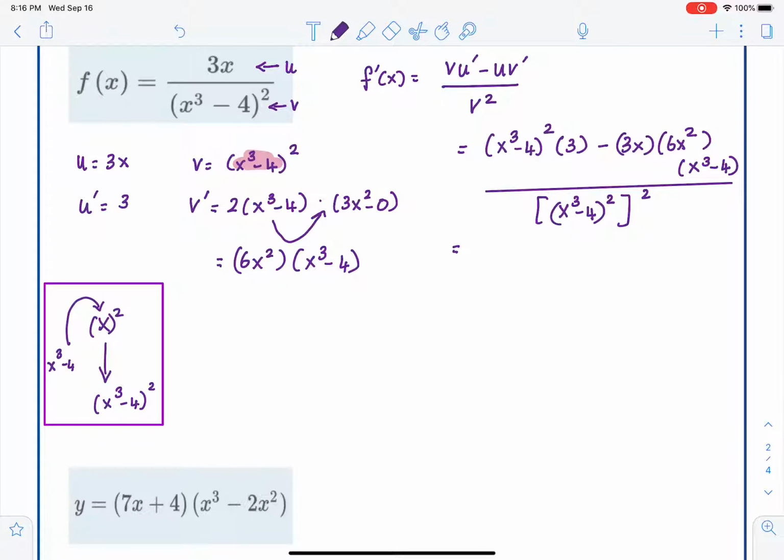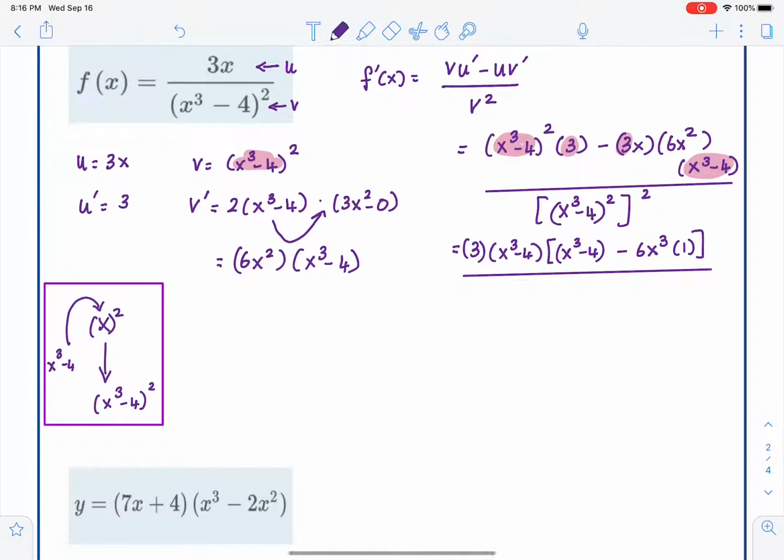We have a common factor of 3 in both terms, and we have x cubed minus 4 in common. So 3 multiplied by (x cubed minus 4). If we pull that out, we are left with (x cubed minus 4) minus 6x cubed times 1 divided by (x cubed minus 4) raised to 4.